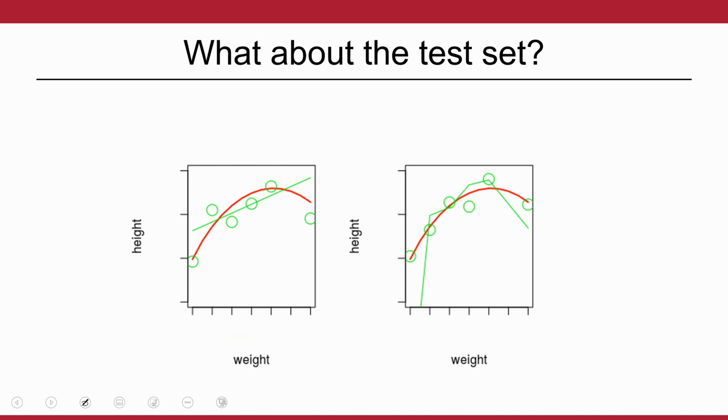The squiggly line, the polynomial, has low bias since it's flexible and can adapt to the curve in the relationship between weight and height. But the squiggly line has high variability because it results in vastly different sums of squares for different data sets. Sometimes the squiggly line is going to do really well on the test data set. Sometimes it's going to do really horrible on the test data set.